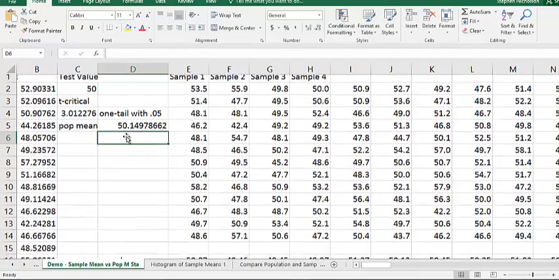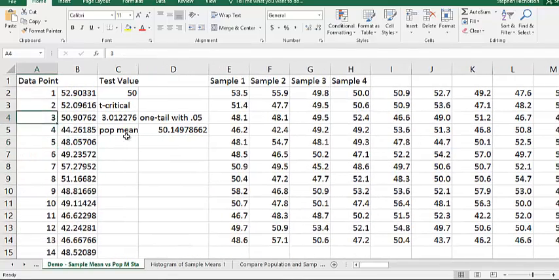Okay, so remember, I came up with this spreadsheet, and I have the population, which consists of 1,000 numbers that are randomly distributed around an average of 50, with a standard deviation of 3. And I can go in there and randomly pick 13.